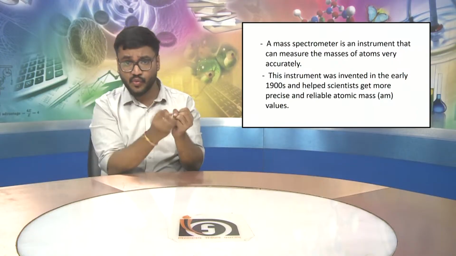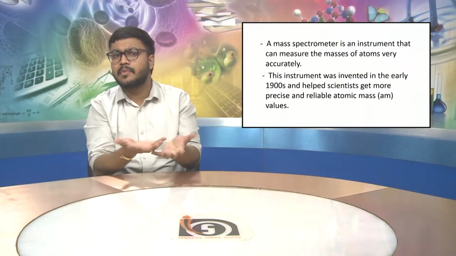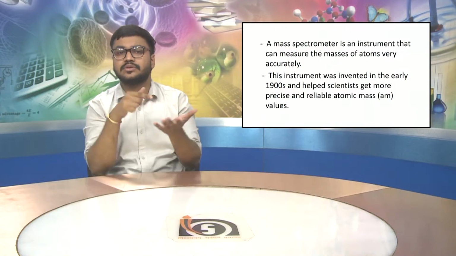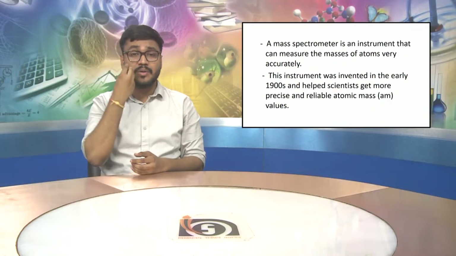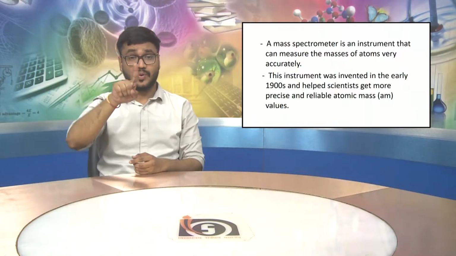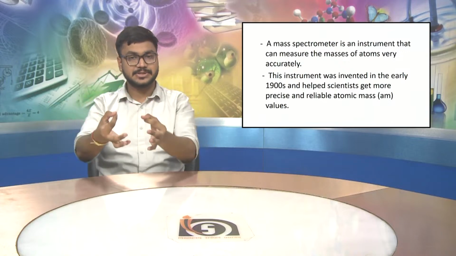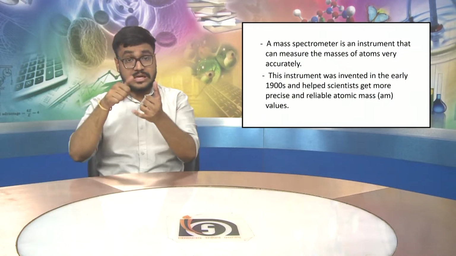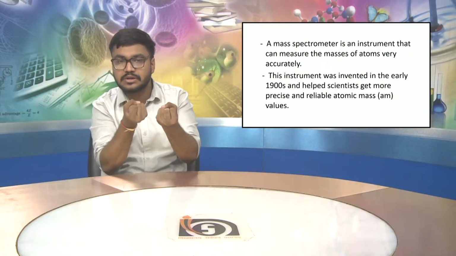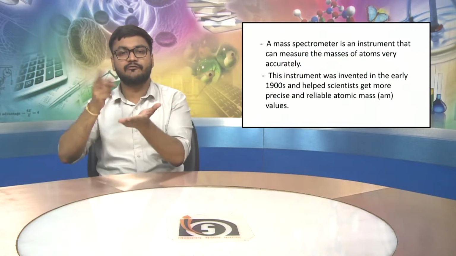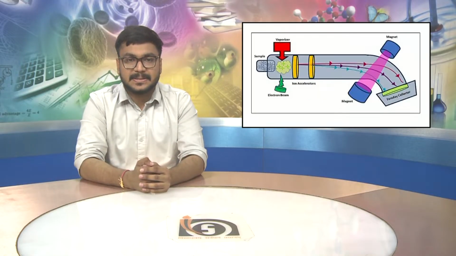A mass spectrometer is an instrument that can measure the mass of atoms very accurately. This instrument was invented in the early 1900s and helped scientists get more precise and reliable atomic masses.